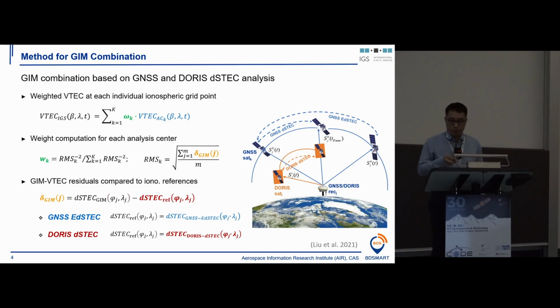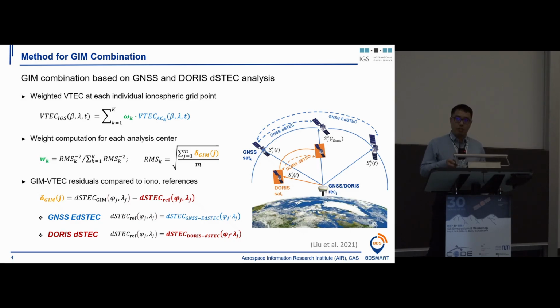As we can see from the equations on the top, the combined VTEC value at each ionospheric grid point is the weighted mean of the VTEC provided by each individual analysis center. To compute the weight of the GIM product from each individual analysis center, we first need the VTEC references.